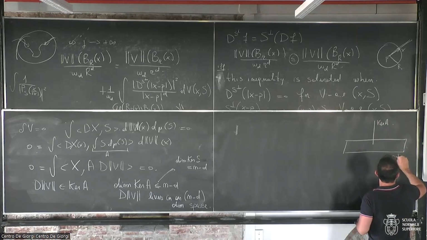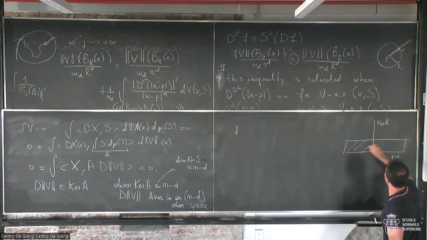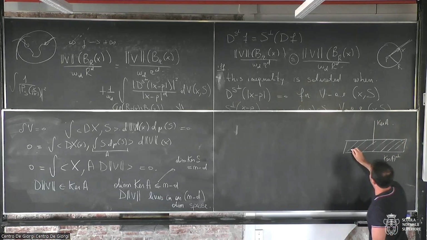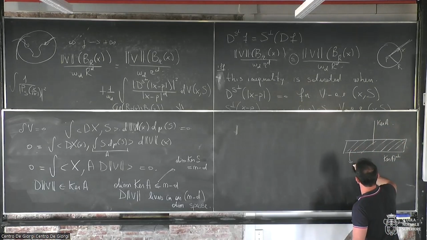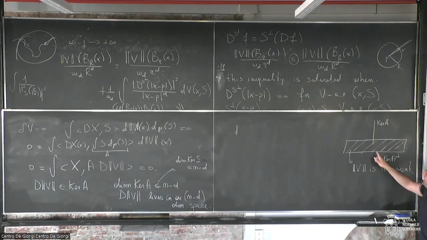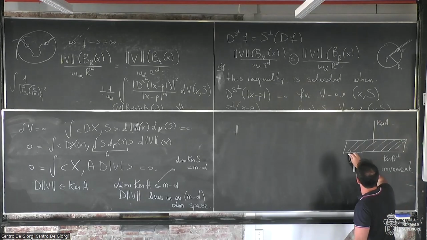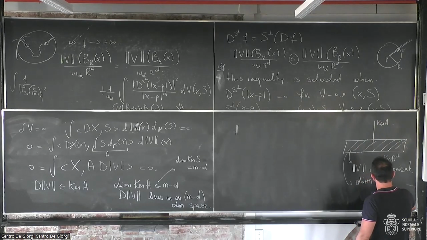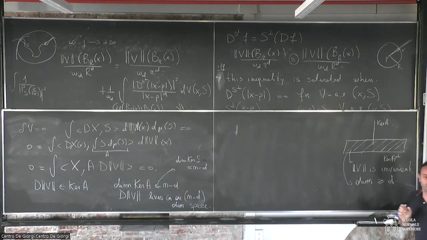Along the orthogonal of the kernel of A, B is invariant. And this space has dimension at least d. So you cannot concentrate in a dimension that is less than that. It is for a blow-up.